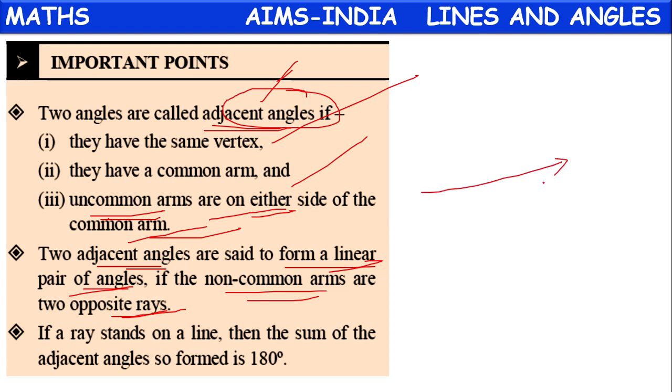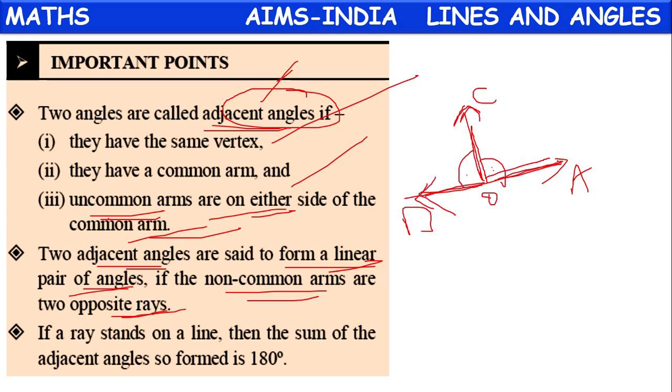These two adjacent angles form a linear pair if the non-common arms form opposite rays. OC is the common arm in both the angles, OA and OB are non-common.